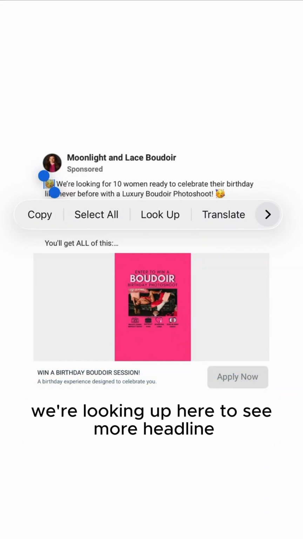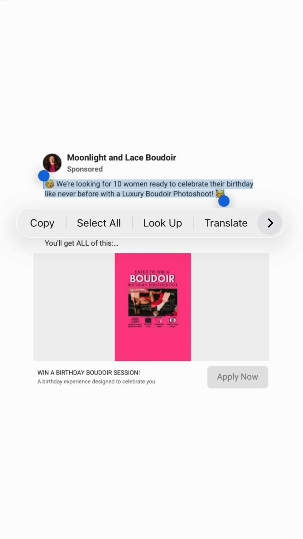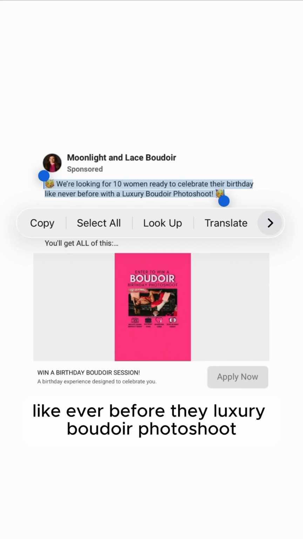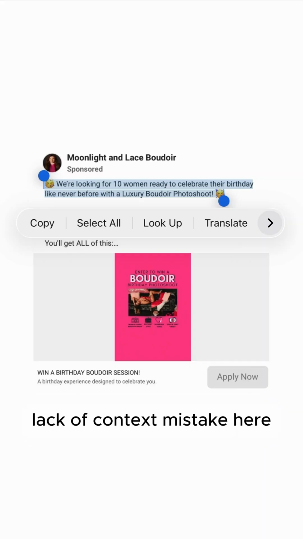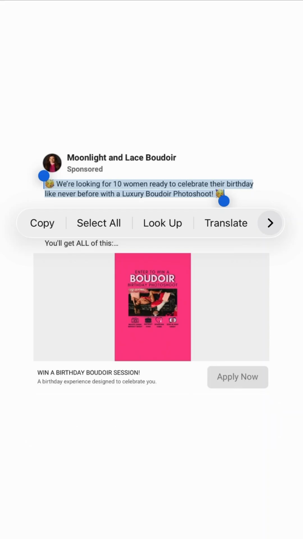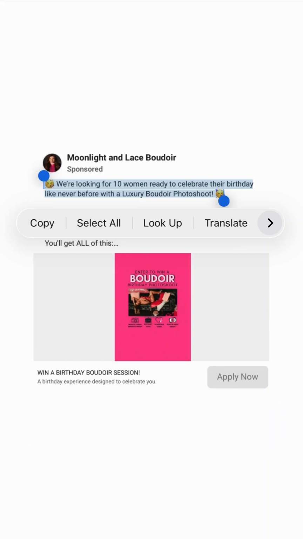Finally, we're looking up here to see more headline. First 2 3/4 lines, Facebook newsfeed mobile. Let's say we look for 10 women ready to celebrate their birthday on or before the luxury boudoir photo shoot. All right, so yeah, lack of context mistake here. We've got a few context points, but not enough for us to be optimized, having the maximum number of the correct women click in, and as many of the wrong women scrolling by as possible.